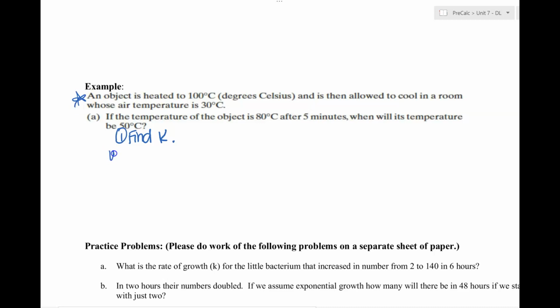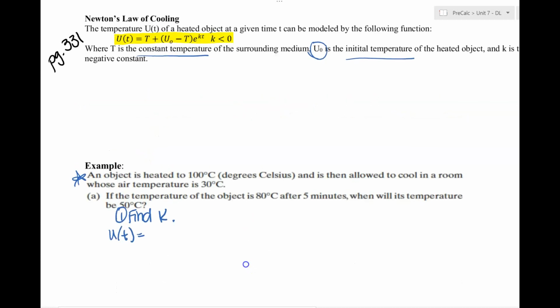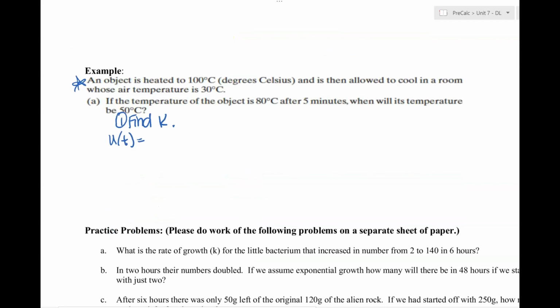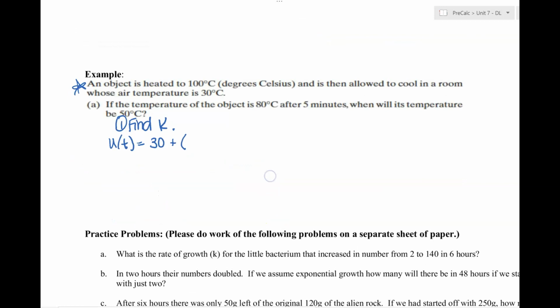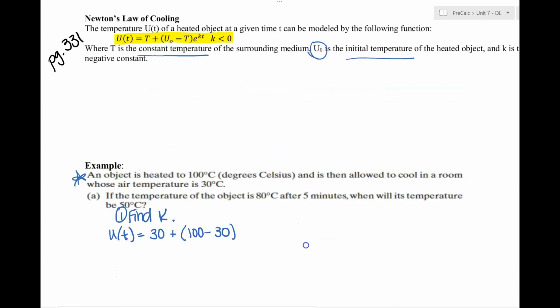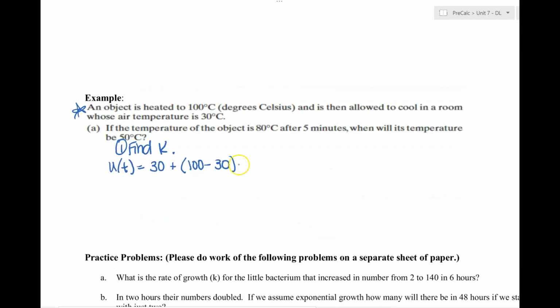So we have U of T is equal to, we know that 30 is T, the constant temperature, because it says air temperature. So 30 plus our equation, U naught is the initial temperature, so the object is 100 degrees, minus T times E to the KT power.